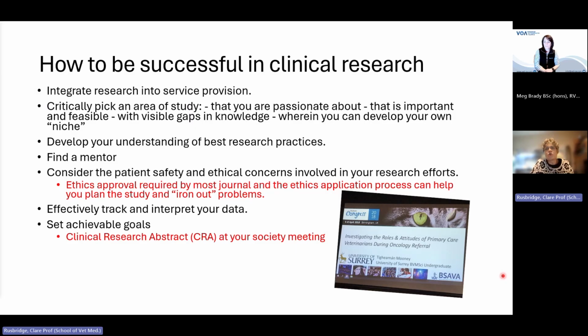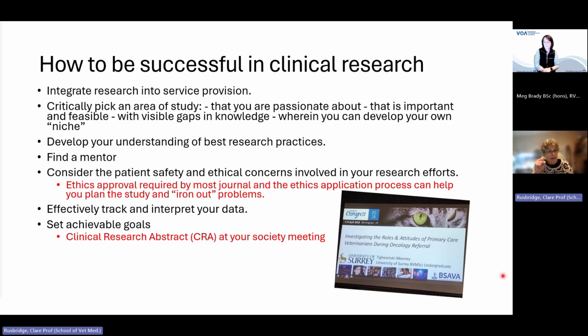But here it shows a vet student, Tig, who's now well in practice. He's been one of our first cohort. And he did a project when he went to see EMS at a practice. Now, he didn't have to do a project. He just decided that this was something he was interested in. And he was encouraged to take that forward and present that at the BSAVA Congress.